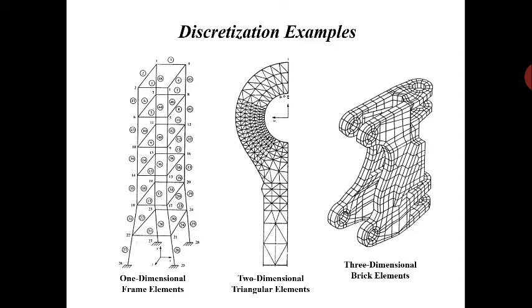Here we have used only triangular elements. Then the three dimensional brick element, which we can see in picture number 3, is seen in three dimensional problems. Here also we can have varying meshing conditions.